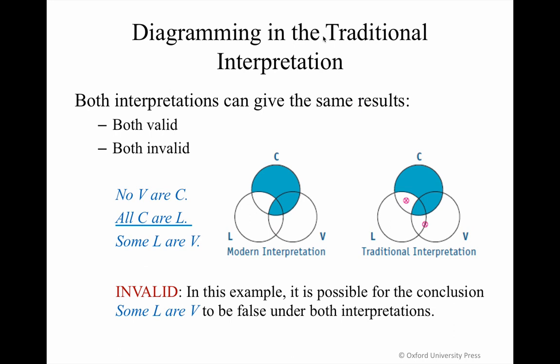Remember, the X that's on the line may or may not be in the area of overlap between L and V, or the area of overlap that reflects the LV relationship in the affirmative for a particular claim. So the argument is invalid. It's invalid on both the modern and the traditional interpretation.